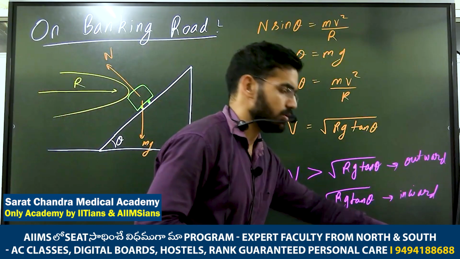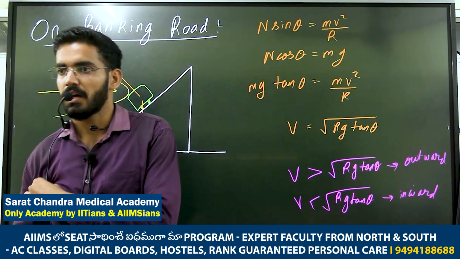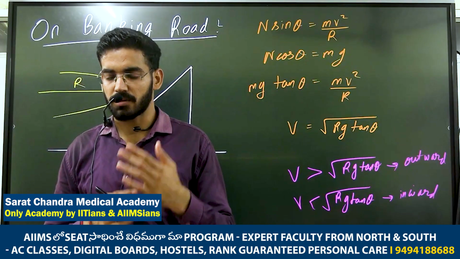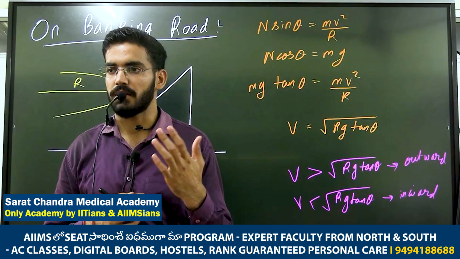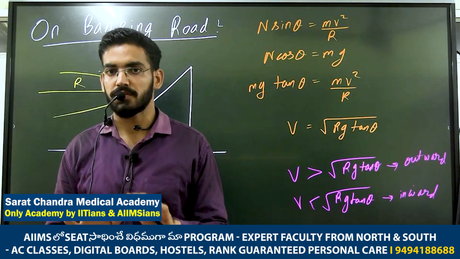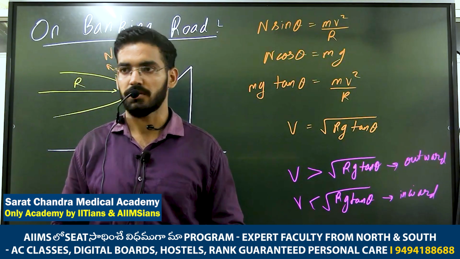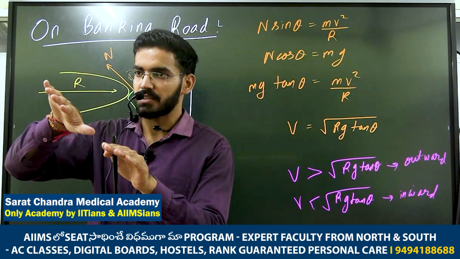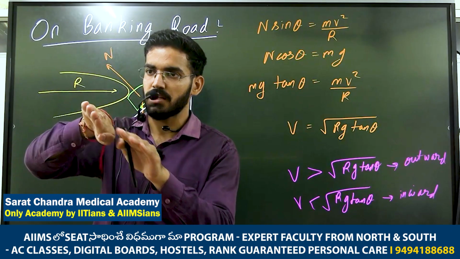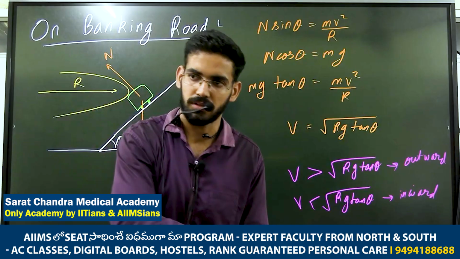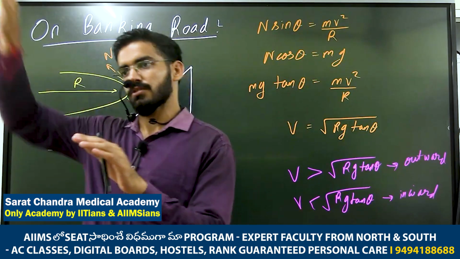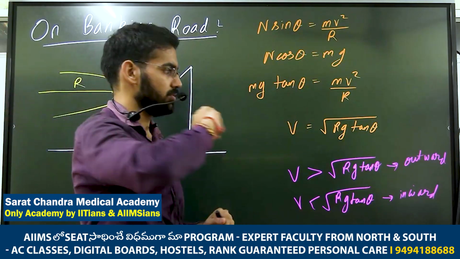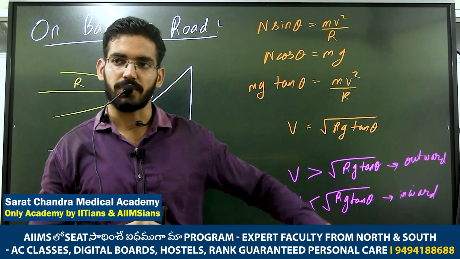But let's say you increase the speed. I want to calculate the maximum speed and the minimum speed with which I can go on that circle. Let's say you are on this surface like this. If you don't go fast enough, you will slide inward, you will fall. And if you go high, you will go outward. But what is the maximum value I can go, because now friction is available?